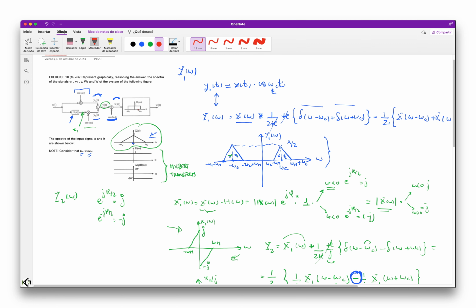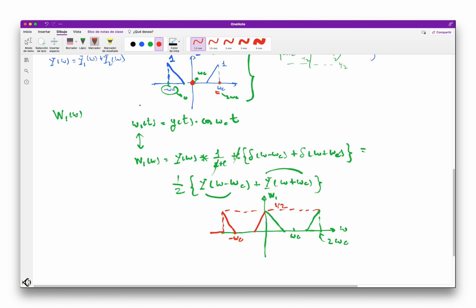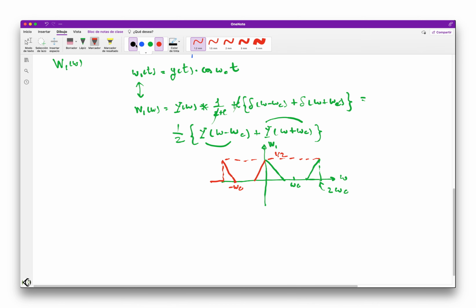And finally, the last step is we have to filter this with a filter of frequency omega_m and an amplification of 2. So the last stage is calculating capital W of omega. Capital W(omega) will be W1(omega) times the filter. We pass through the filter, which means multiplying by the frequency response of the filter.